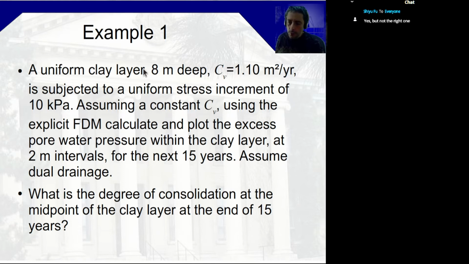And we're going to assume dual drainage, because it's 1D, so we do have to consider the drainage type at the extremities. So let's go ahead and work on that then.